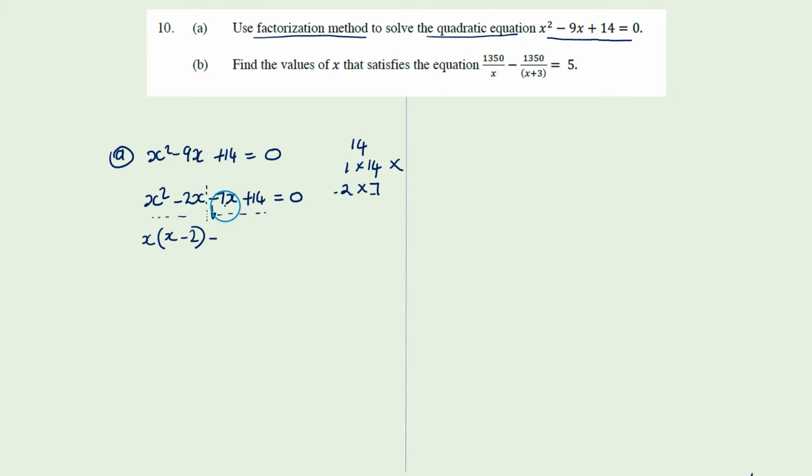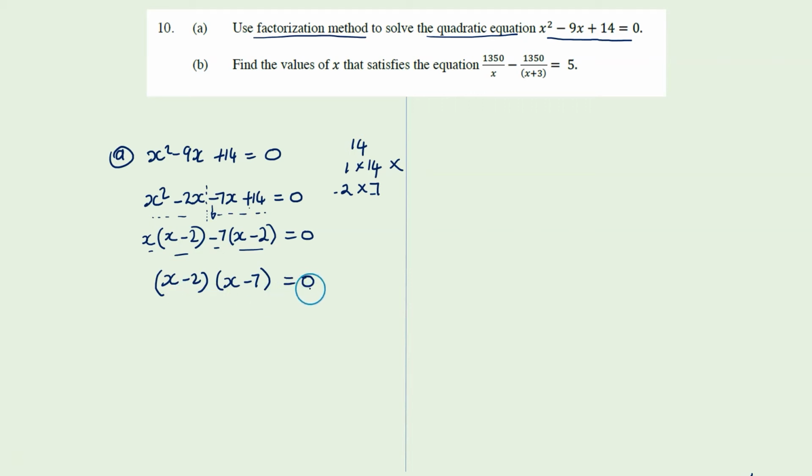Common between 7x and 14 is 7, and then x goes in and is a plus here, and I have minus, so I must have a minus inside. To get 14, I needed 2. So this bracket is common, x minus 2, and the other bracket is formed by using these numbers outside. So I have x minus 7 here, equals 0.